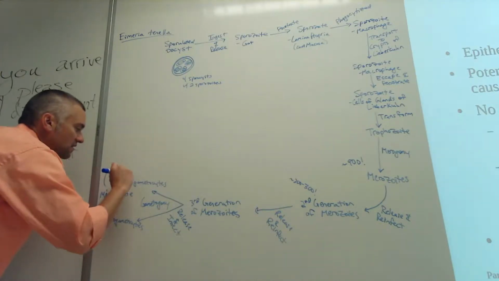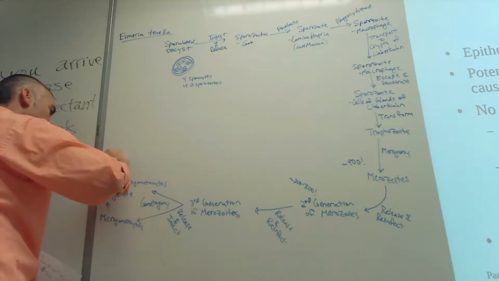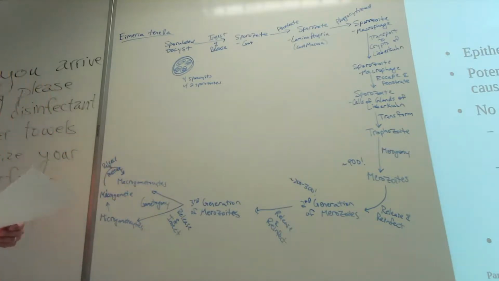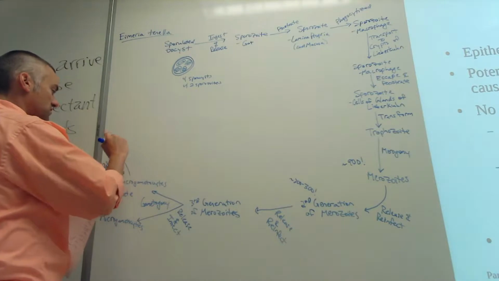And then release and penetrate. So now our microgamete gets released, infects our macrogamete, right, which produces our zygote.